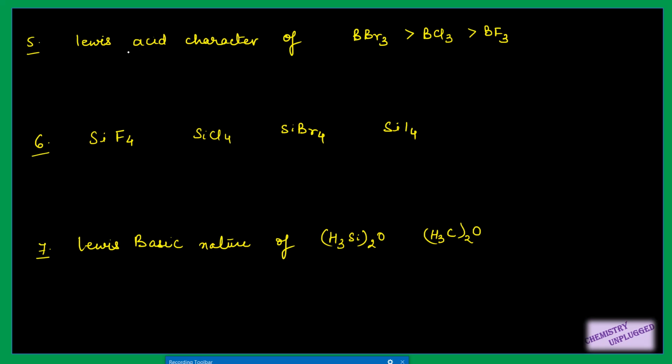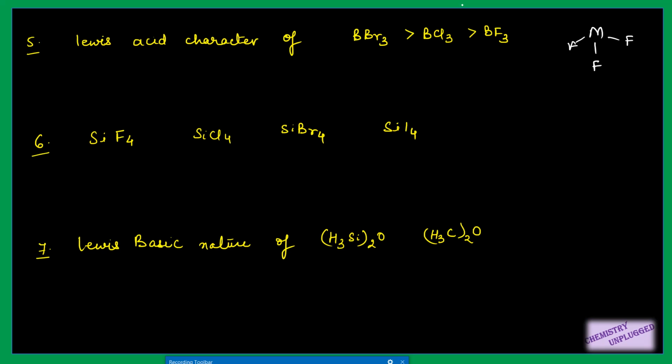Then this is a very good example: compare the Lewis acid strength of BBr3, BCl3, BF3. You might think that if I am attaching an electronegative atom like fluorine to an element which is electron deficient in nature, like boron, and we all know that its p orbital is empty, then due to its empty p orbital it is a good Lewis acid.